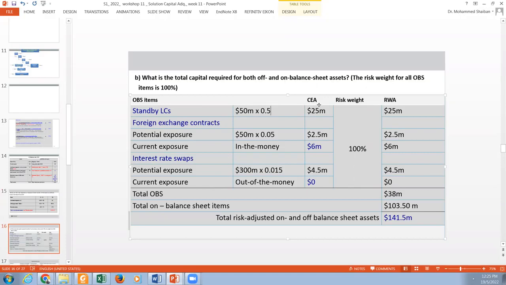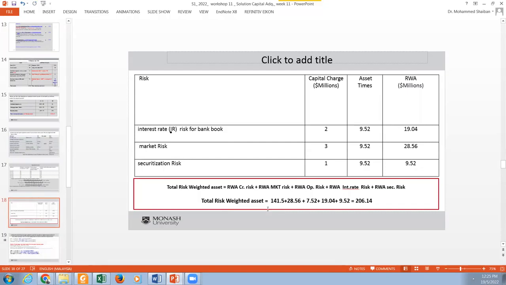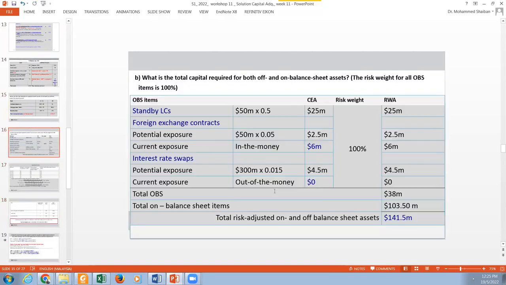Now, please understand, when we do this off-balance sheet, there is another issue. We have to understand what we call CEA. CEA stands for conversion equivalent asset.